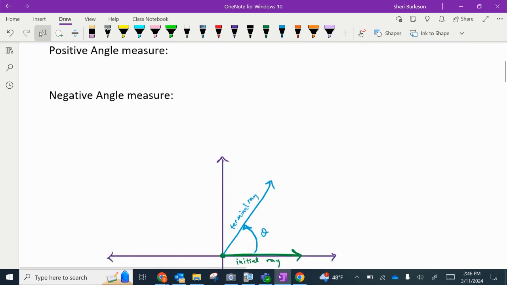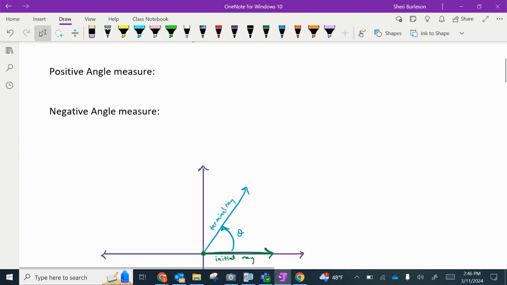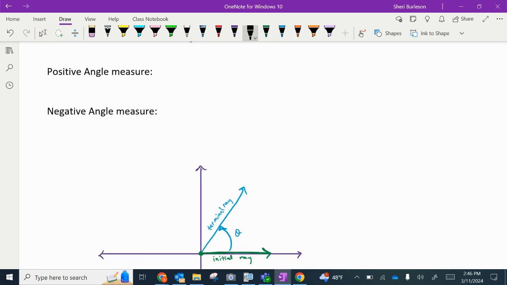So a positive angle measure initiates at the positive x-axis, and then we are going to rotate counterclockwise.